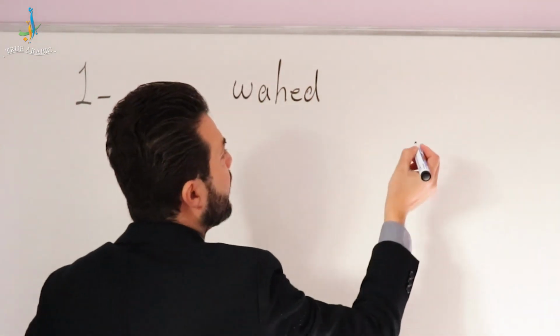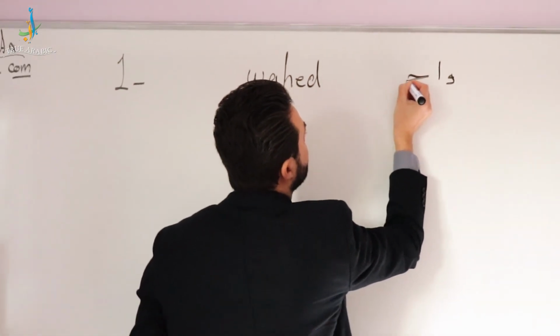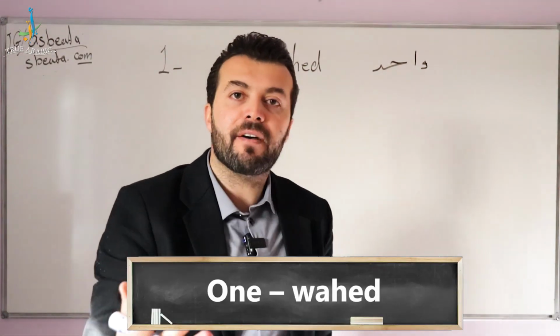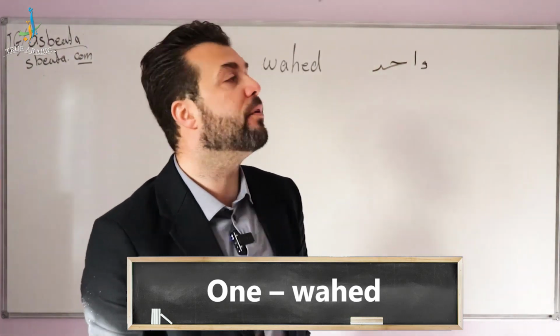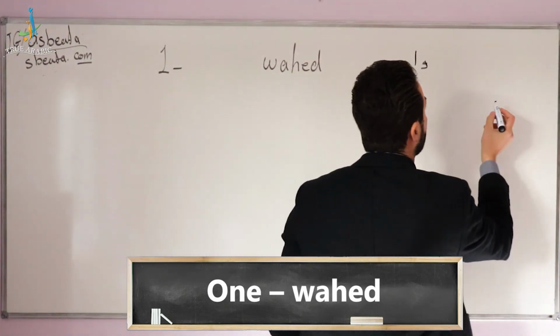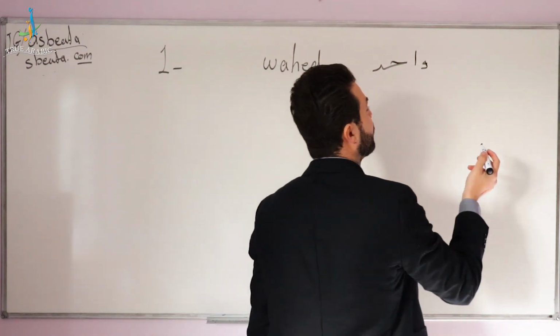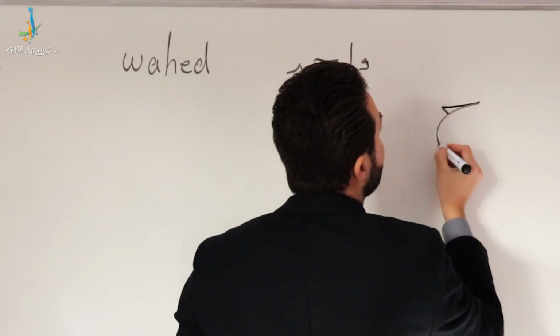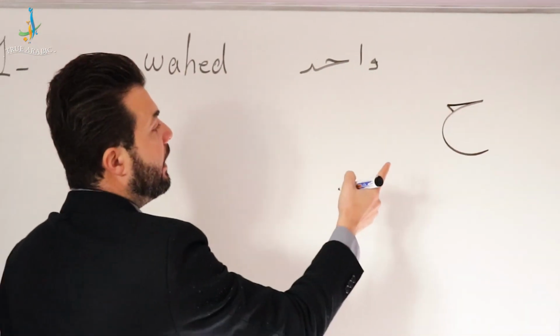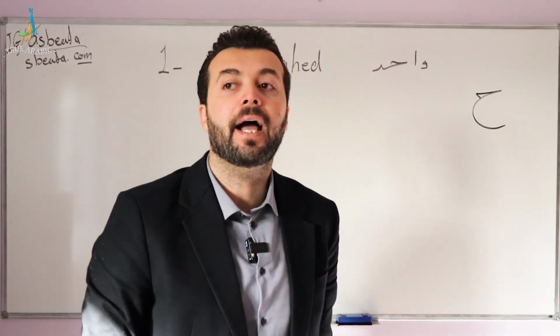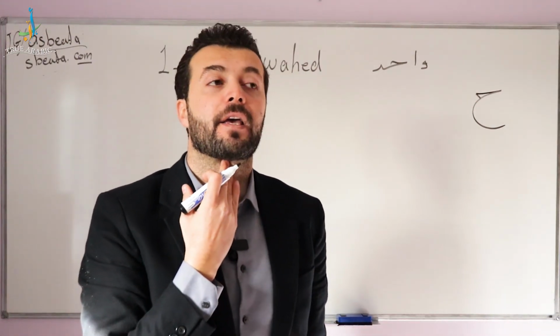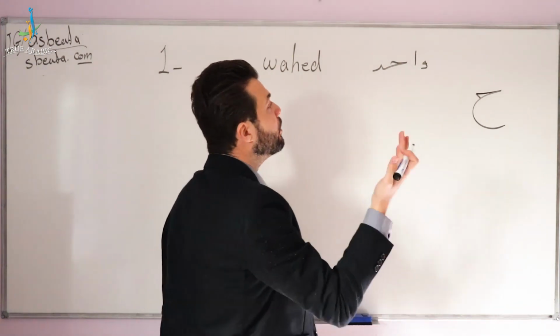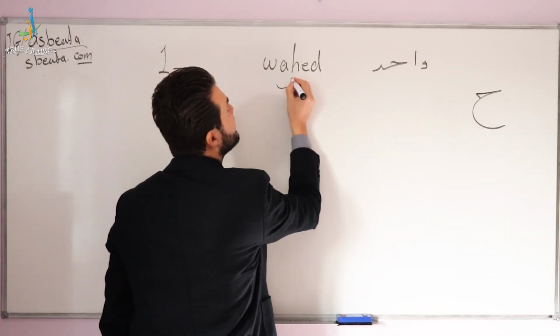In Arabic we have some letters that we don't have in any other languages. One of them that is sometimes difficult to pronounce if you are a non-Arabic speaker is ha. If you can't pronounce it, you will most likely pronounce it as h.